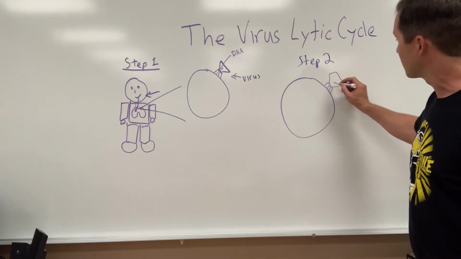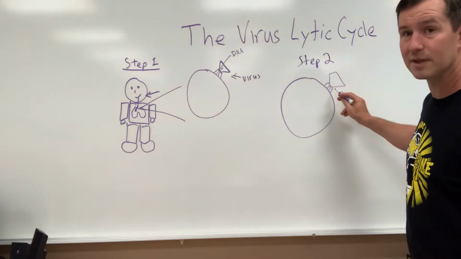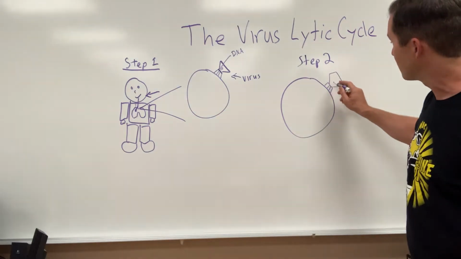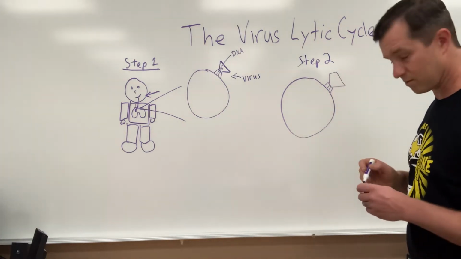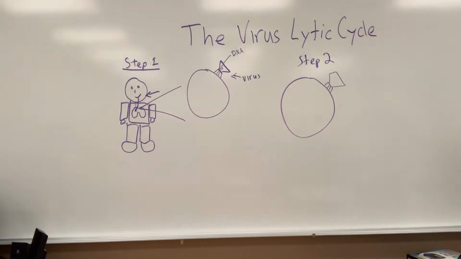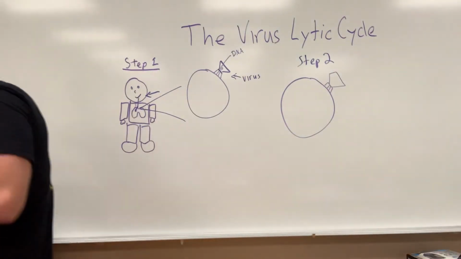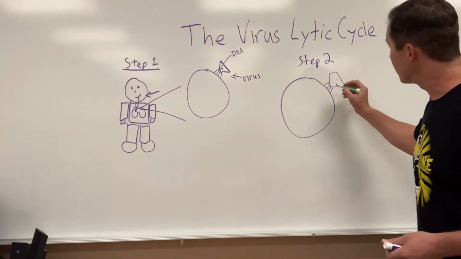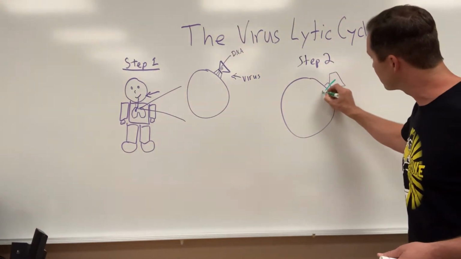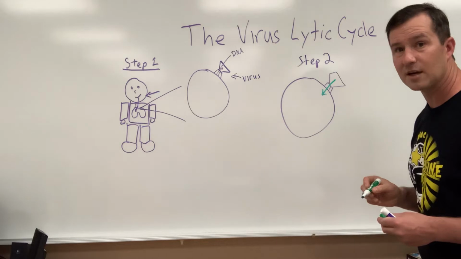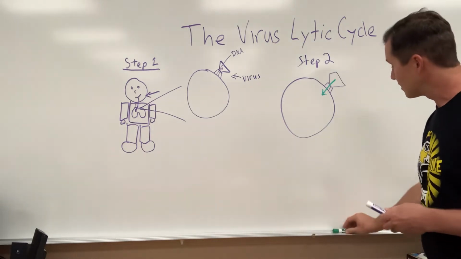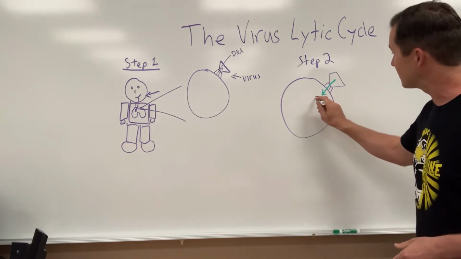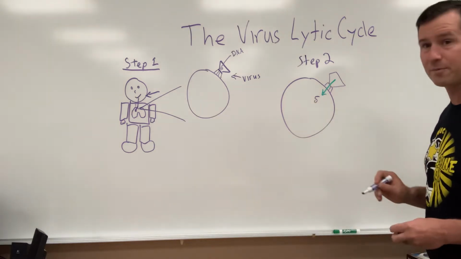But this time we're going to leave the inside of the virus blank, we're going to draw an arrow, and it might be good to have another color so you can see this. There's the arrow that's showing that the DNA is now being inserted into the cell.